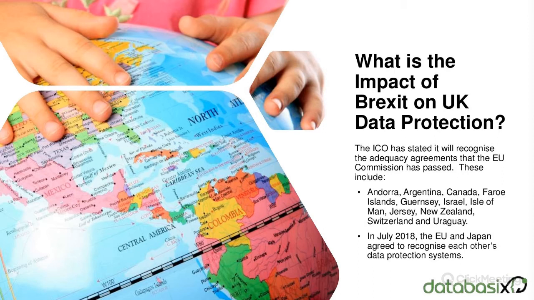Now, you might say, well, how do we actually continue to transfer data from the EU, UK to the US if we can't rely on Privacy Shield and standard contract clauses might not be viable?